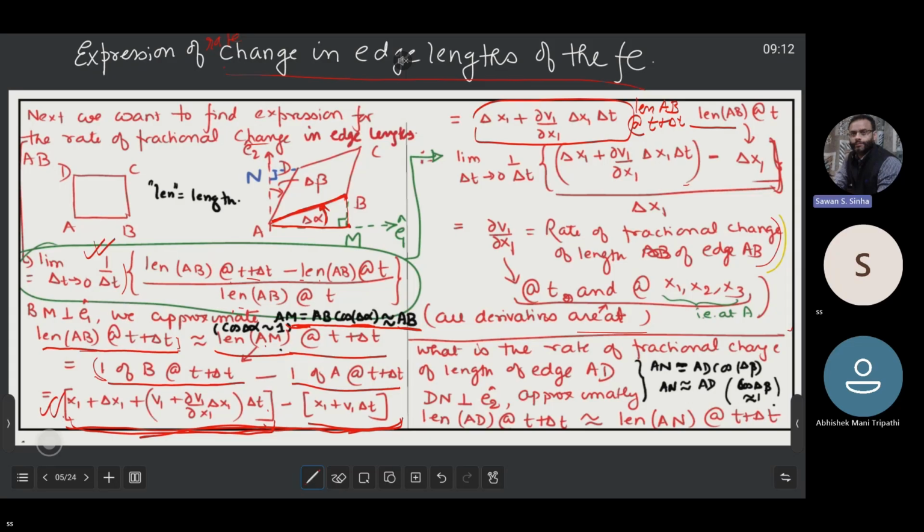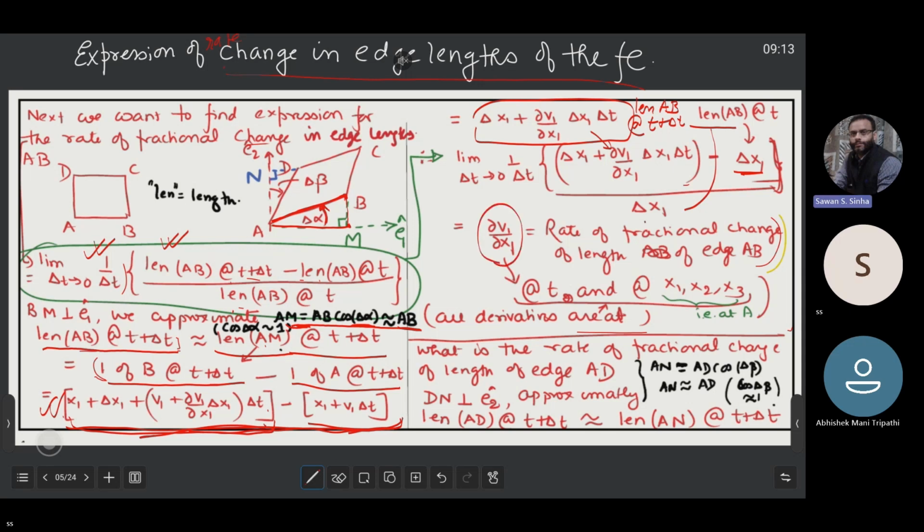Since I want to find the rate of fractional change in length of AB, I'm going to get the length of AB at t plus delta t from this. The length of AB at t is delta x1 itself, divided by delta x1, which is the length of AB at time t, divided by delta t. When you simplify this in the limit delta t going to 0, you get a very simple expression.